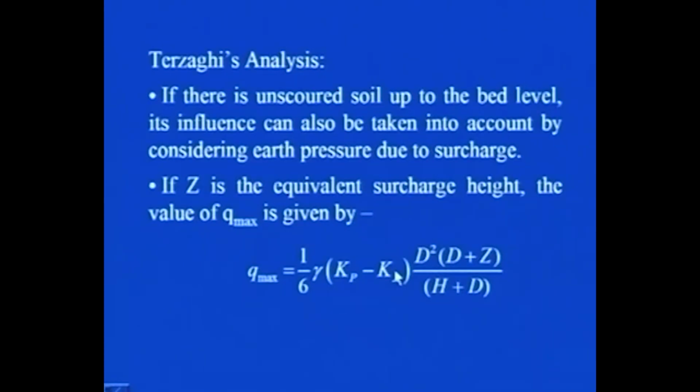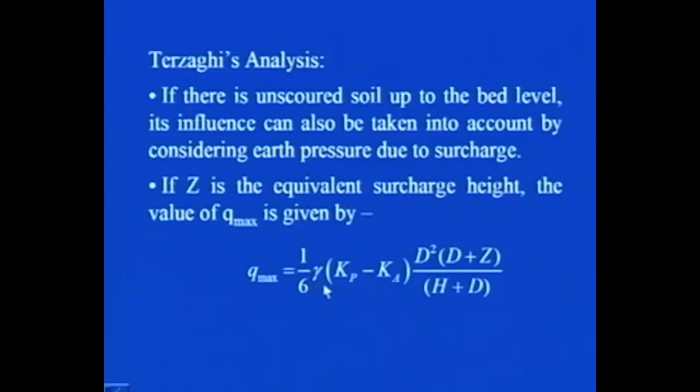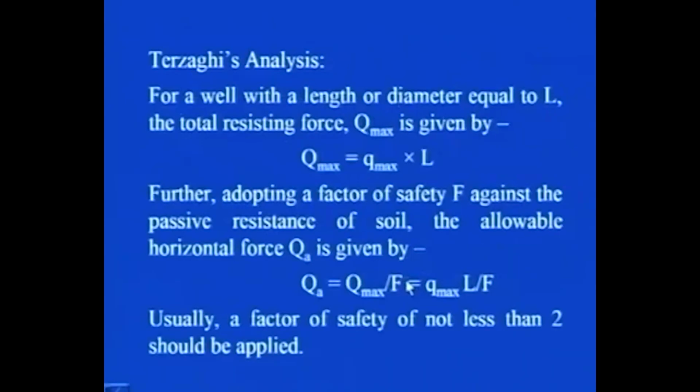Again, this comes from the fundamental equation, that is, the equilibrium of moment. This is equal to 1 by 6 gamma (Kp minus Ka) d square into (d plus z) upon (h plus d). So, this z term comes in additionally, which is the equivalent surcharge height. Whatever the surcharge is, you can always convert it into the equivalent surcharge height, and it can be considered in this form using Terzaghi's analysis.